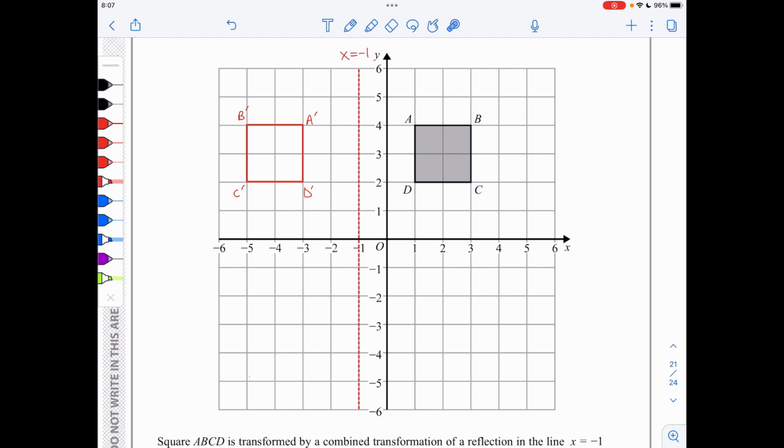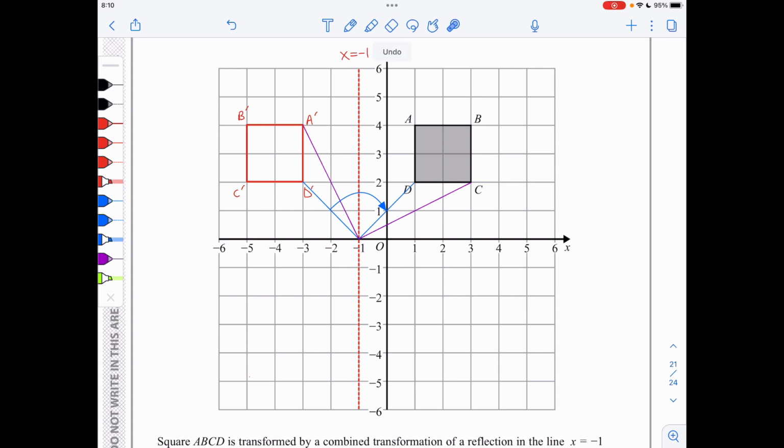And after some tries, we end up at the possible center of rotation being -1, 0. I can start connecting the corresponding vertices, so it will look something like this. D dash will get mapped to D through a 90-degree clockwise rotation.